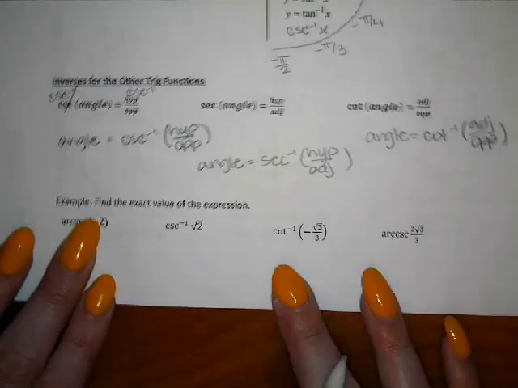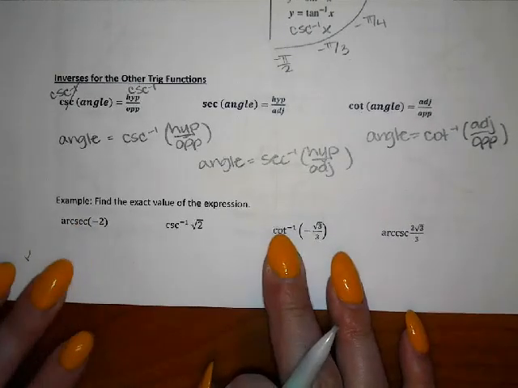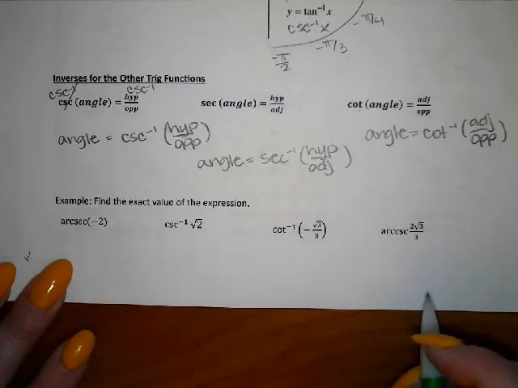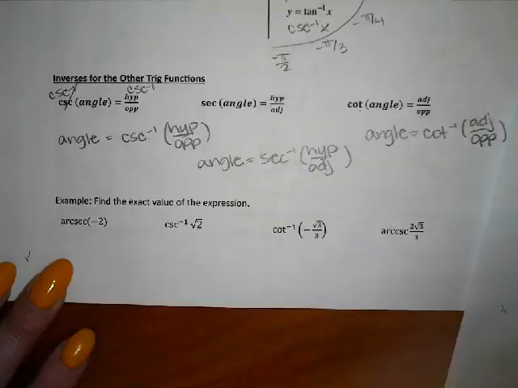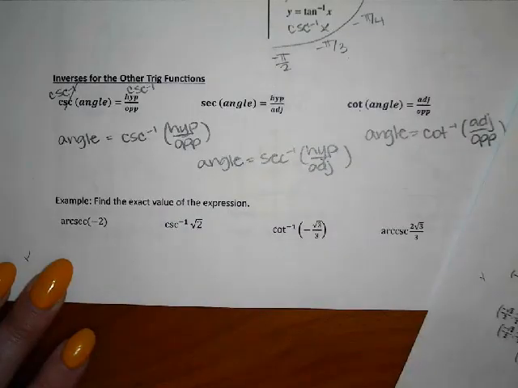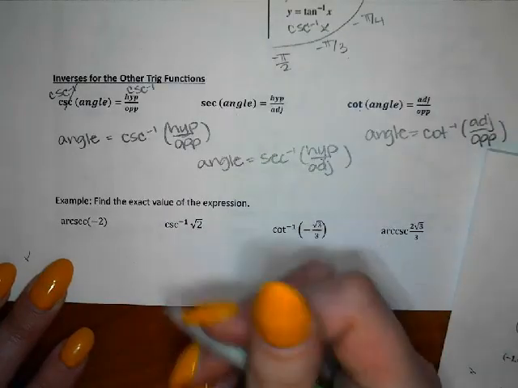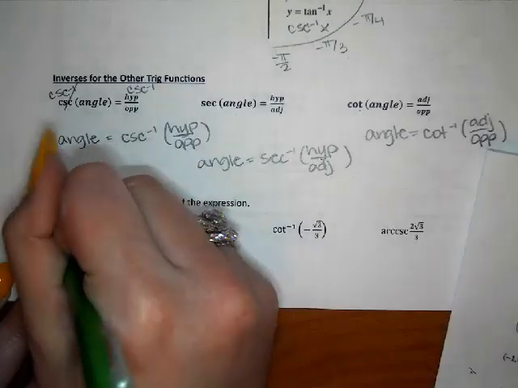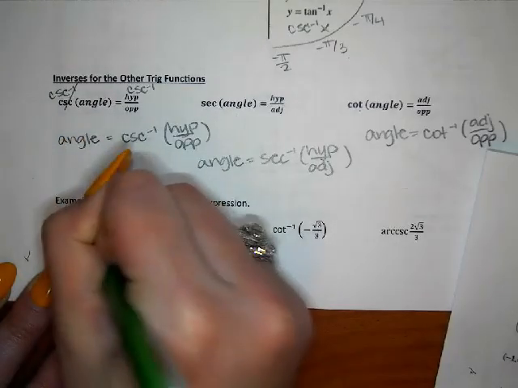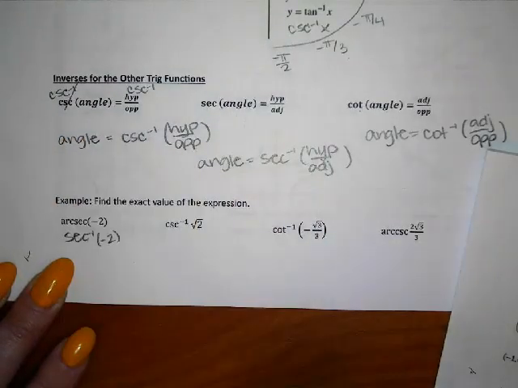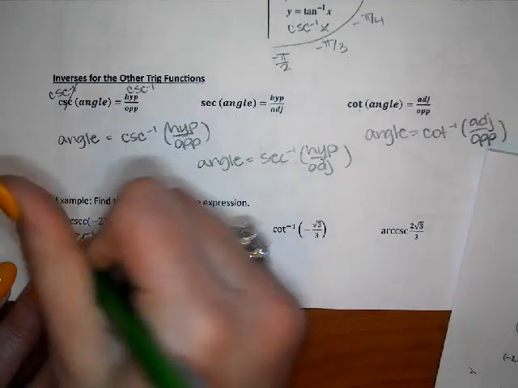All right, so we're going to go ahead and find the exact value of some of these inverse trig expressions. And these ones, since they say exact value, that means I'm using my unit circle. So arc secant is the same thing as secant inverse, if you're more comfortable looking at it that way. And this is the reciprocal of cos.